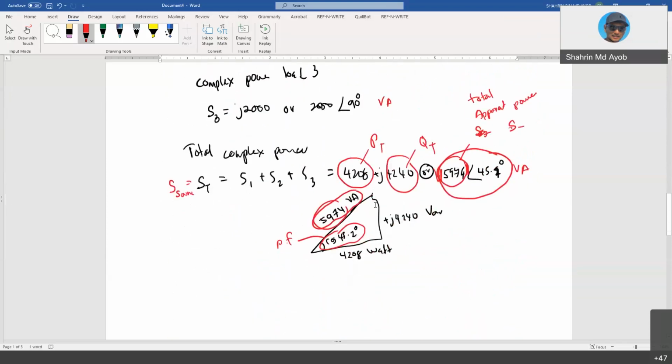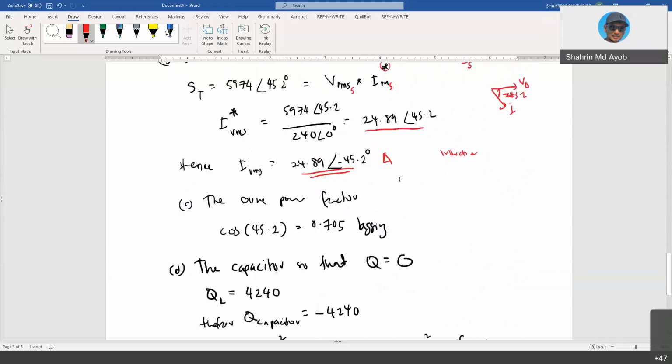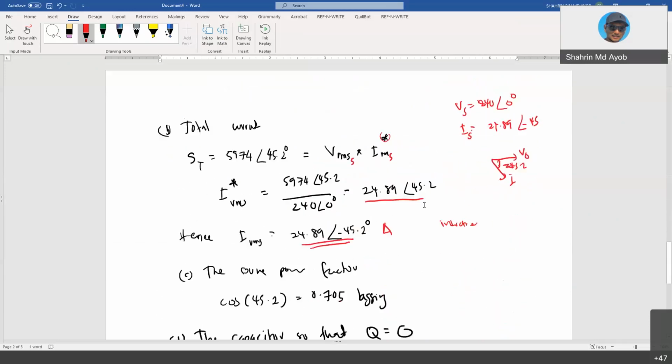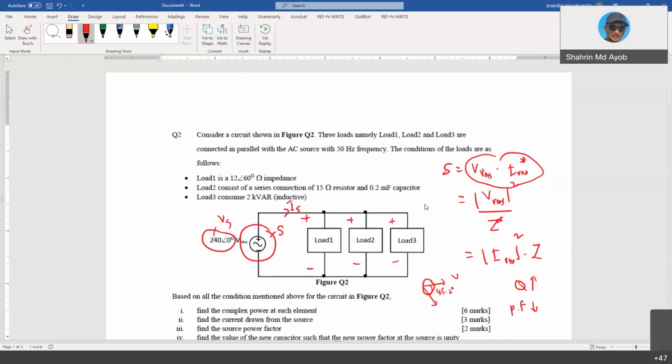Based on the complex power calculation, the Q due to this load is contributing 424 VAR. So in order to get Q to be 0, you need to install a capacitor in parallel with the load.